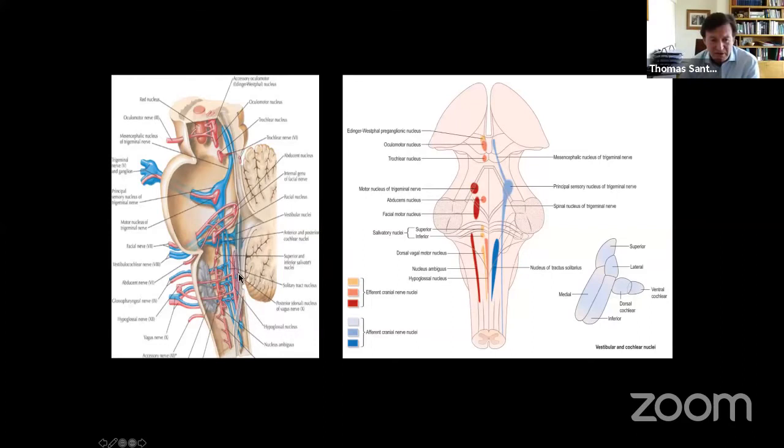We can see the hypoglossal nucleus, we can see the nucleus ambiguus, and these are the nuclei from which the nerve fibers come that control the branchial muscles, such as muscles of the palate and throat and so on.